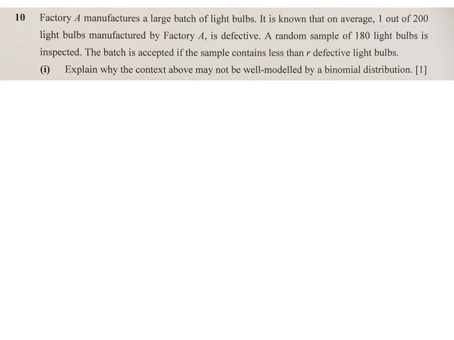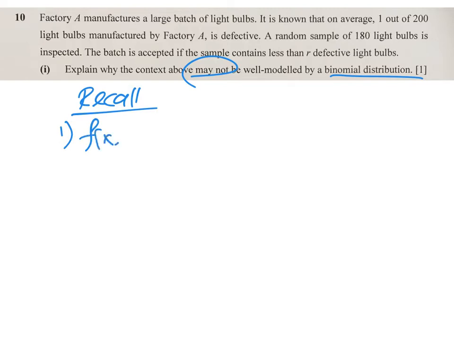In this question, we are asked to explain why the context above may not be well modeled by a binomial distribution. So let us first recall what the conditions for a binomial distribution model are. First, there must be a fixed number of independent trials.